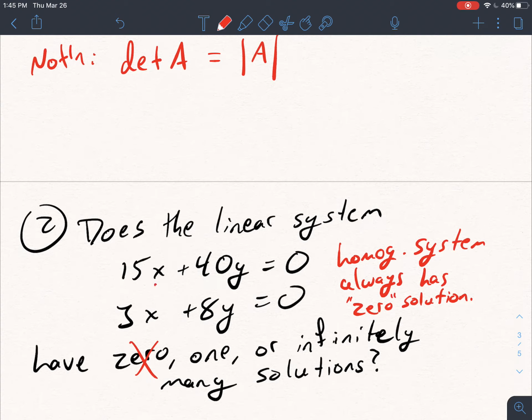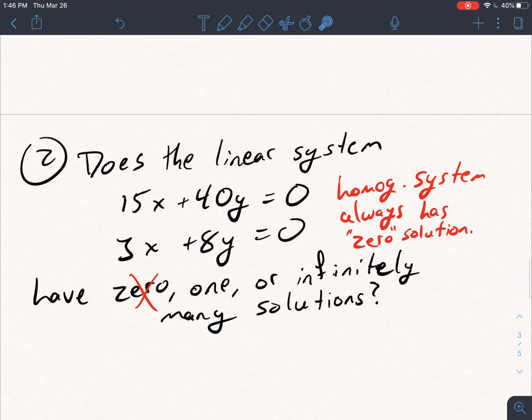Which means that if x and y are both equal to 0, then this system is completely satisfied. Therefore, it has to have at least one solution. So the question then becomes, does this homogeneous system have either one or infinitely many solutions?